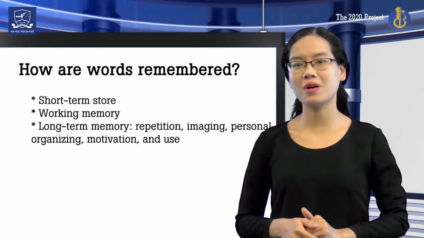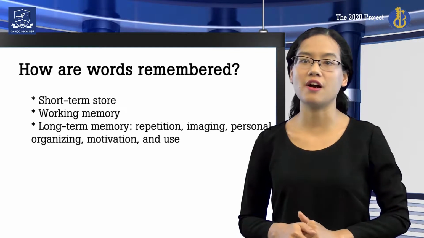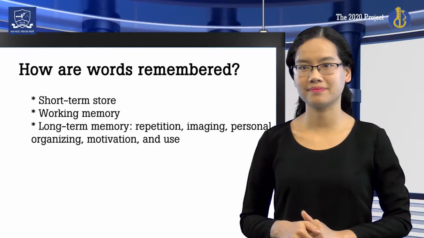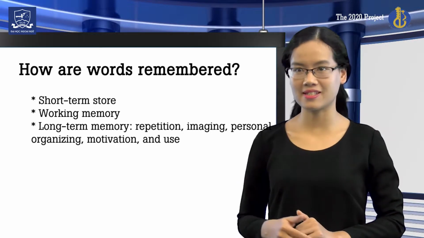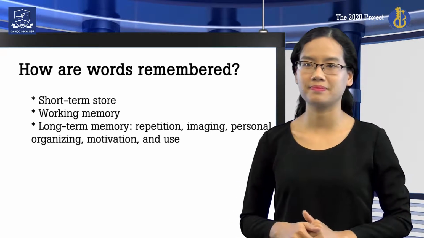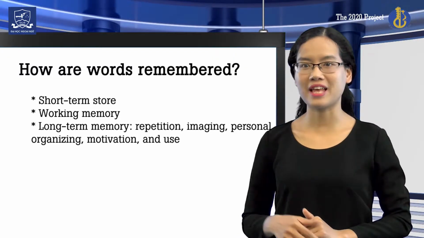Focusing on words long enough to perform operations on them is the function of working memory. In this kind of memory, information is first placed and then studied. That means the student thinks about that word.